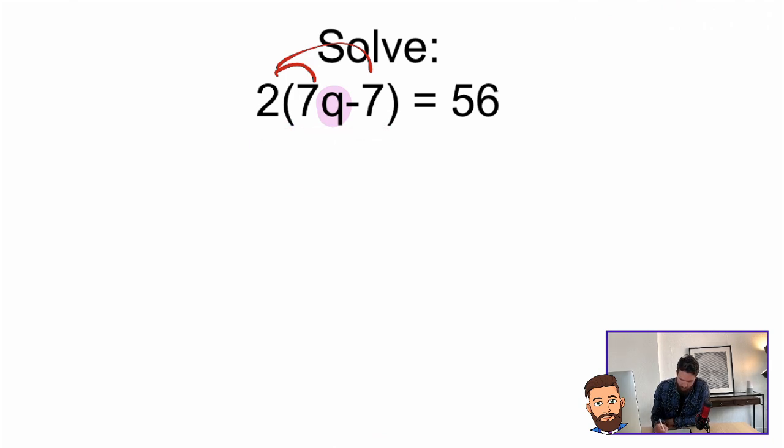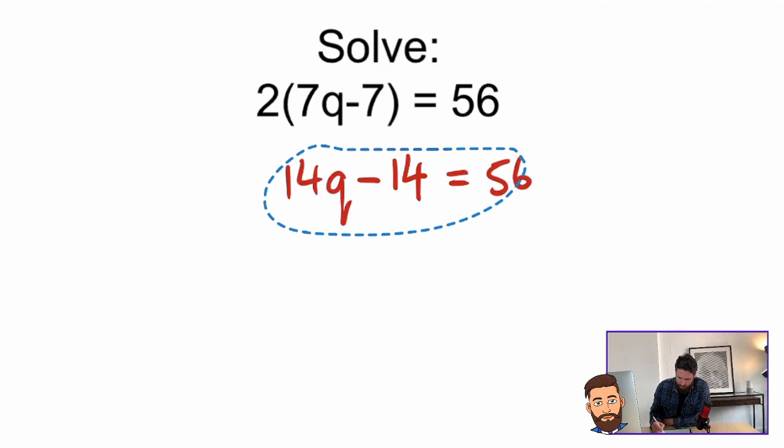So 2 times 7Q would be 14Q. 2 times minus 7. Now, we've discussed this in a few lessons that I've done so far. This minus is not floating, it is attached to this 7, so it is minus 7. 2 times minus 7, a mixture makes a minus, is minus 14. And that is going to be equal to 56.